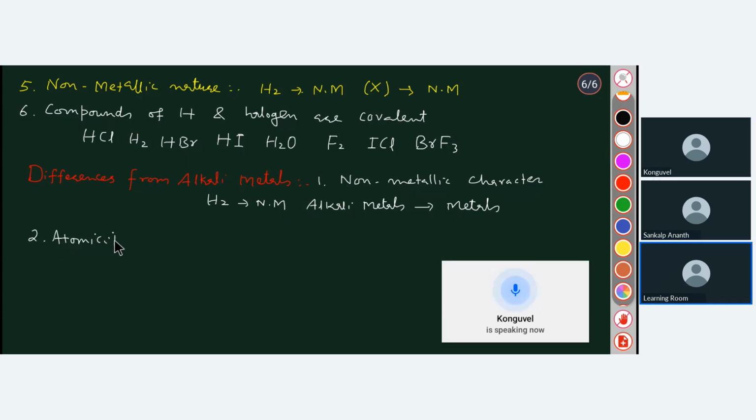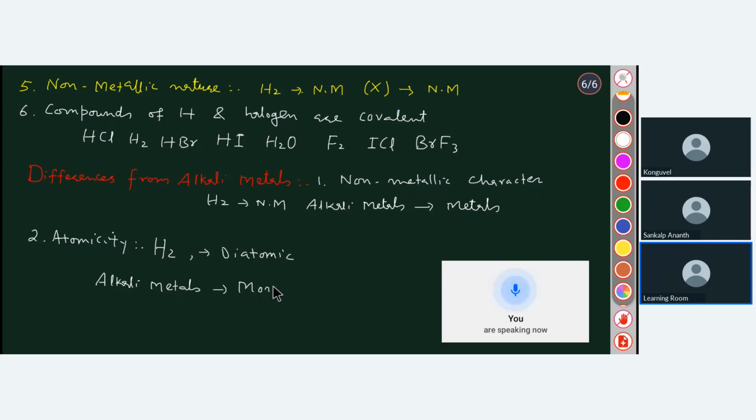Hydrogen exists as H2, but alkali metals are monoatomic, like Li, Na. H2 is diatomic, and you will write that alkali metals are monoatomic.